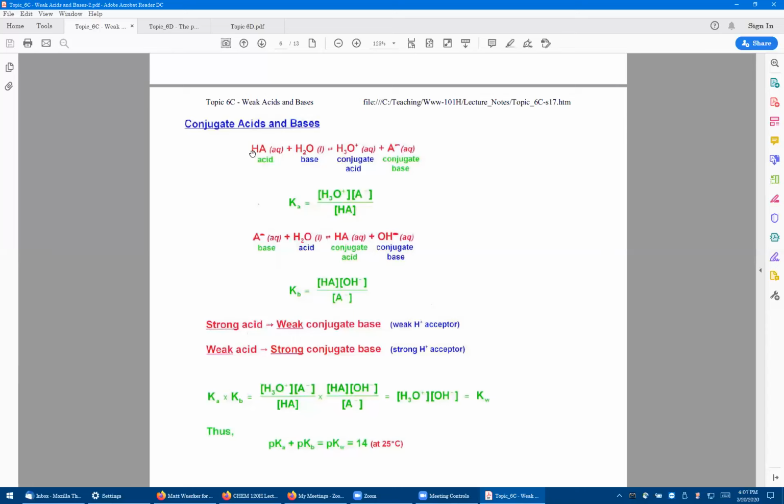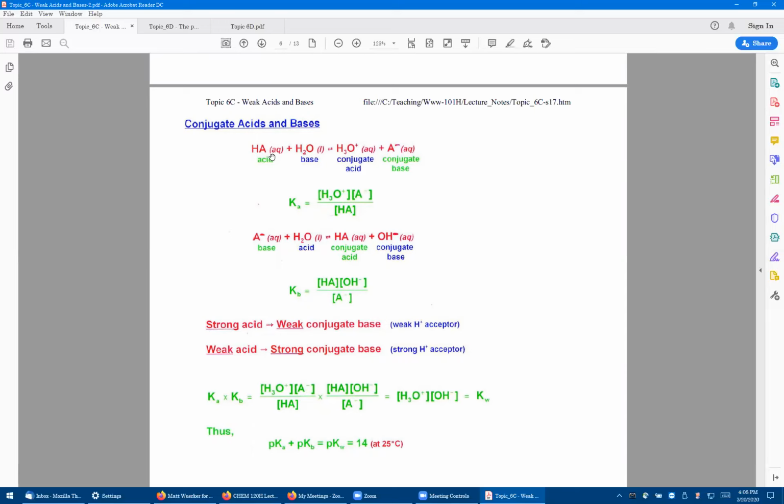So, for example, here's the dissociation for some acid, weak acid or strong acid, it could be as well, HA. It reacts with a base. In this case, water is acting as a base. As we know, water can act as either an acid or a base. And so the water is acting as a proton acceptor.